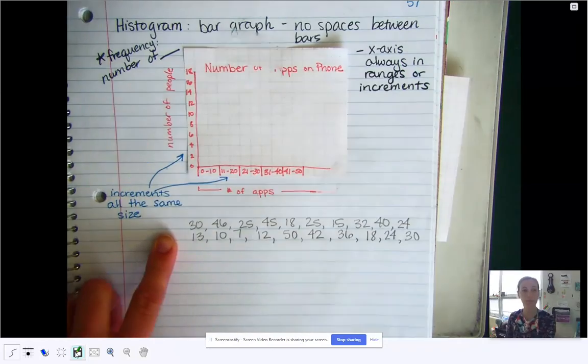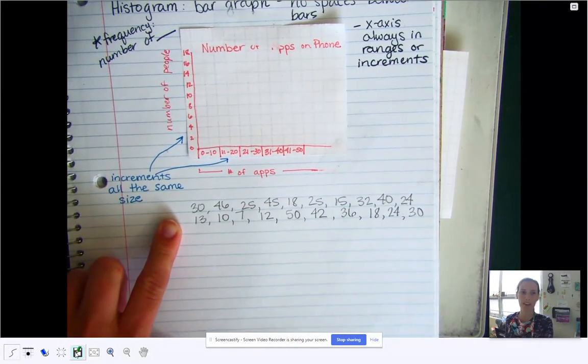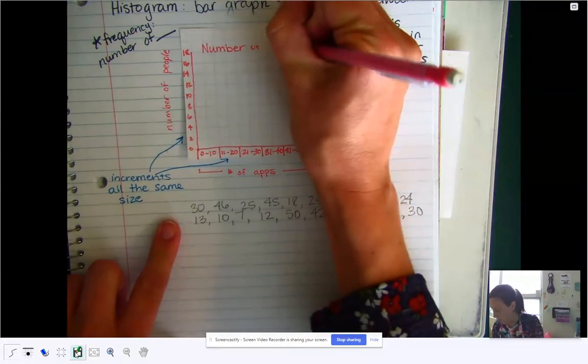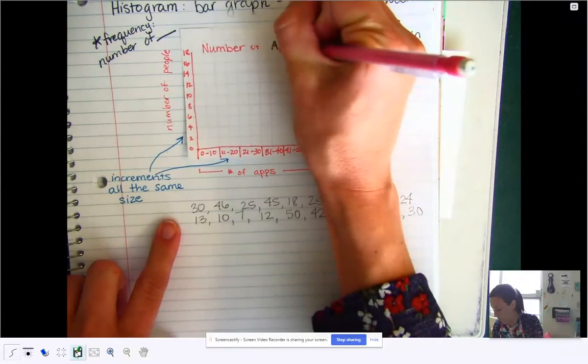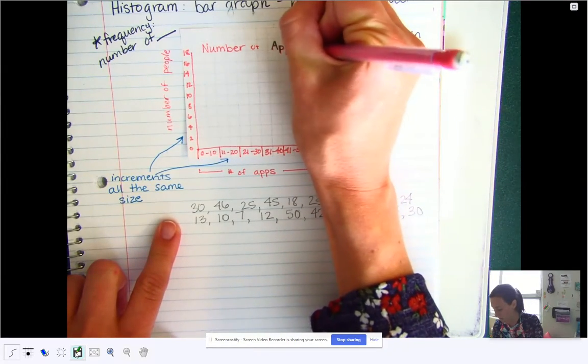All right, so first thing we need to do is figure out, kind of like when we do a stem and leaf plot, what stems or what categories are going in.